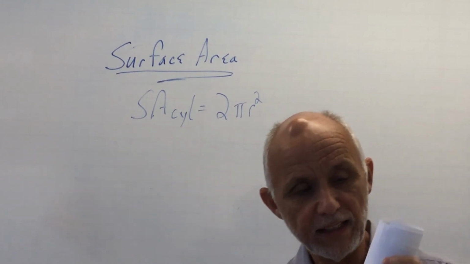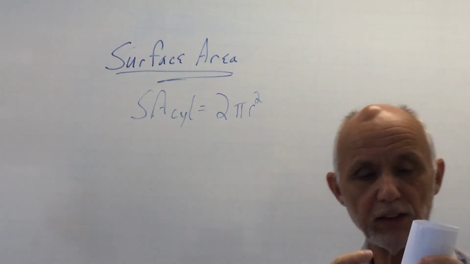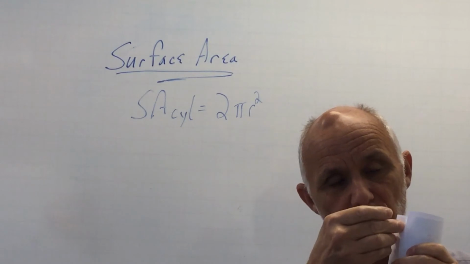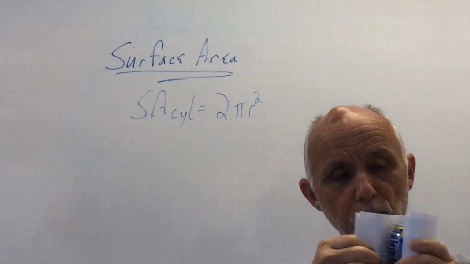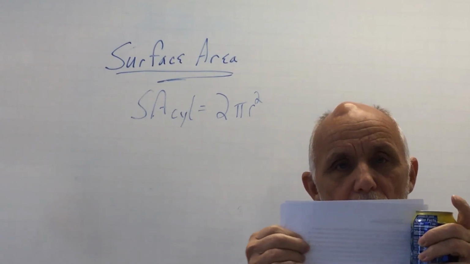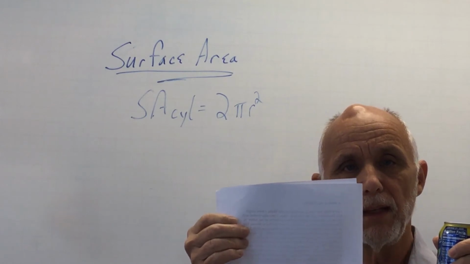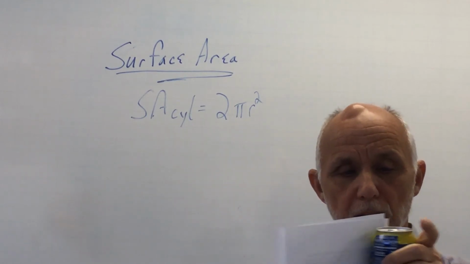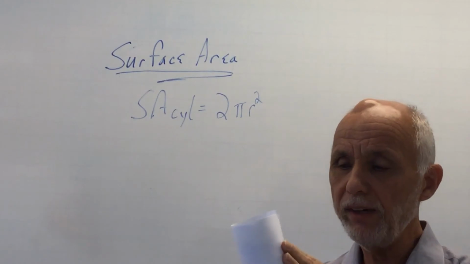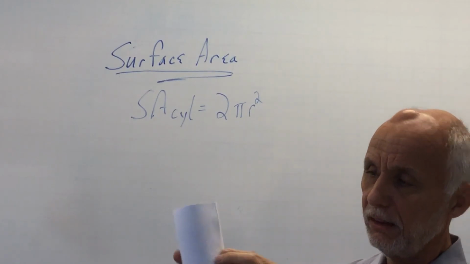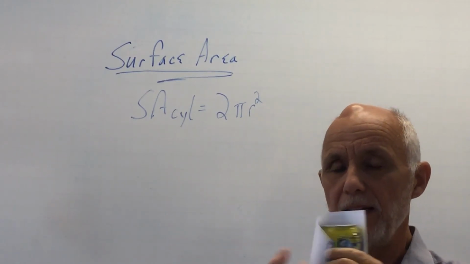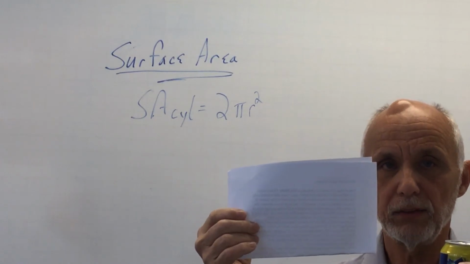So if I want the surface area of this, if I could somehow cut the cylinder and unroll the side, look what I wind up getting. I get a rectangle. So the area around here is exactly the same as the area of this rectangle.